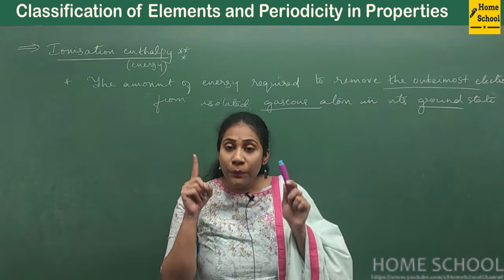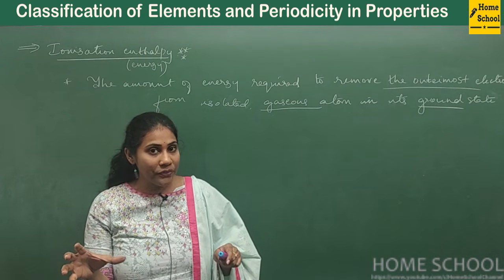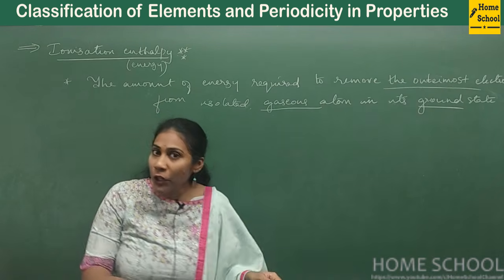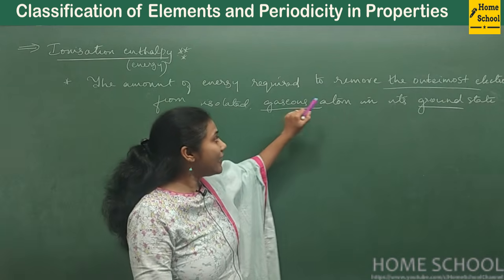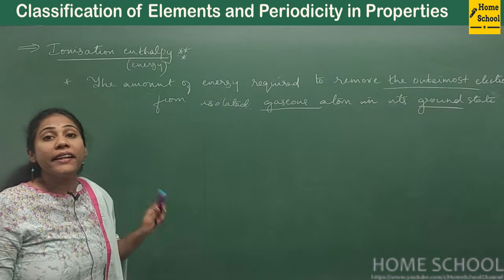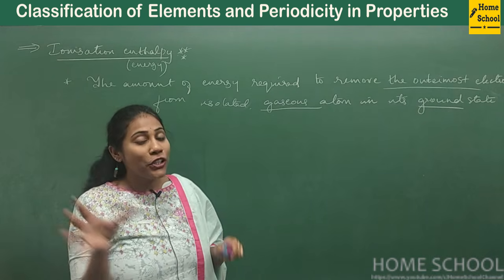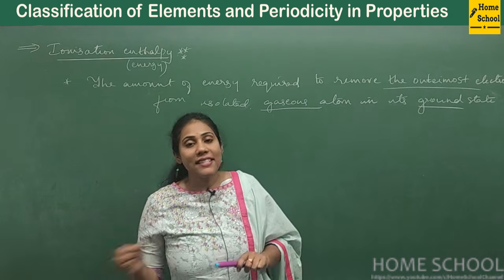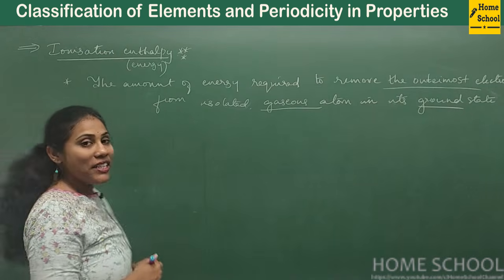If you want to remove that last electron, you require some amount of energy, and that energy we will call ionization enthalpy.